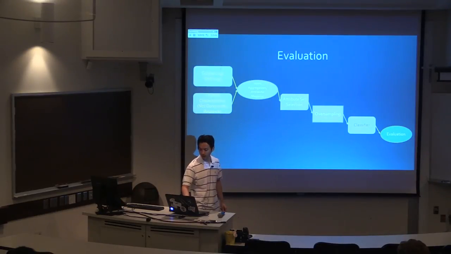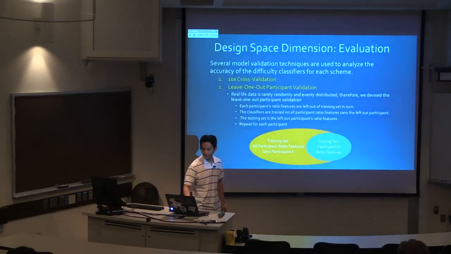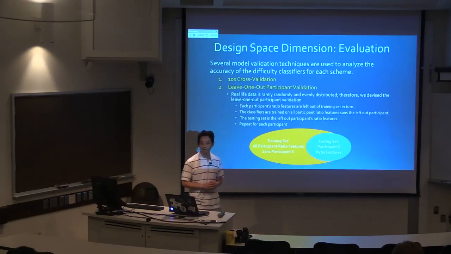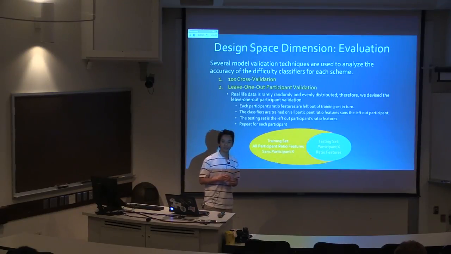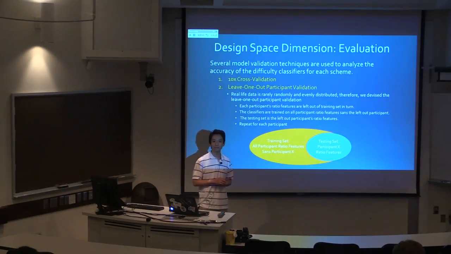And now we have the evaluation stage. So we have 2 evaluation methods to evaluate how well the classifiers perform. There's tenfold cross-validation, which is an industry standard, but what it does is that it kind of evens out the distribution, so that the outliers are present in the training sample, and the outliers are also present in the testing sample.